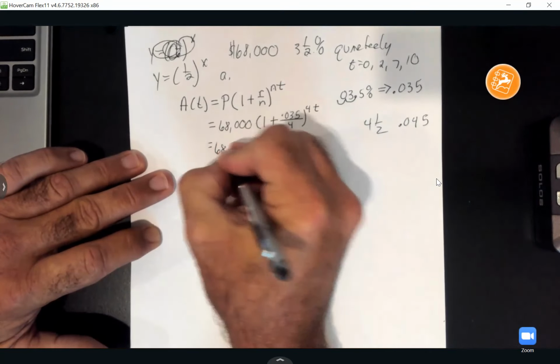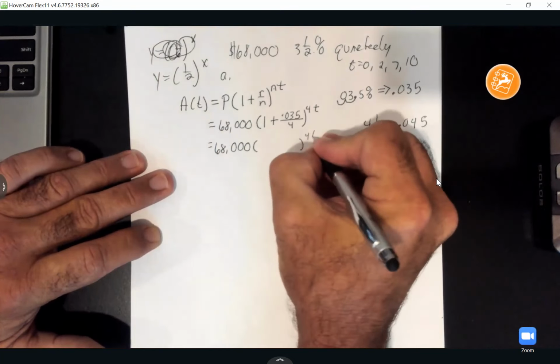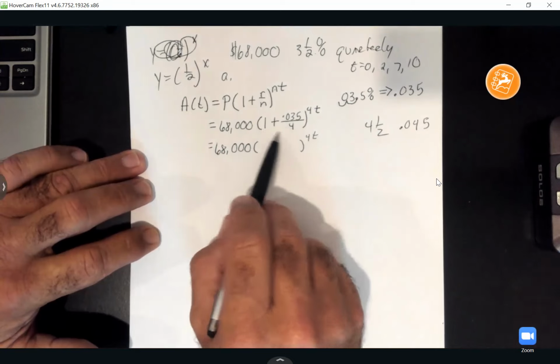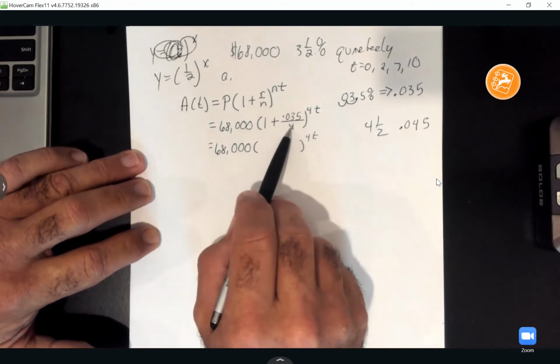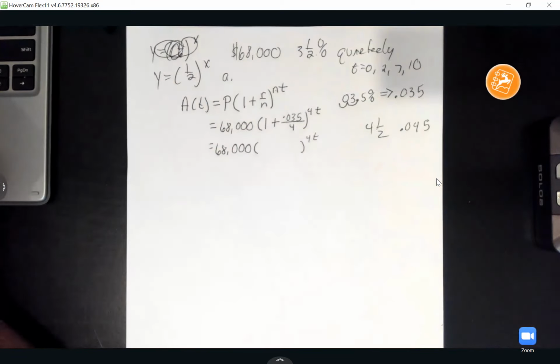Now, y'all, what MathLab wants us to do before we put it into the computer is figure out what our 1 plus 0.035 divided by 4 is, so that we can put that in here. So I'm going to go to my calculator real quick.